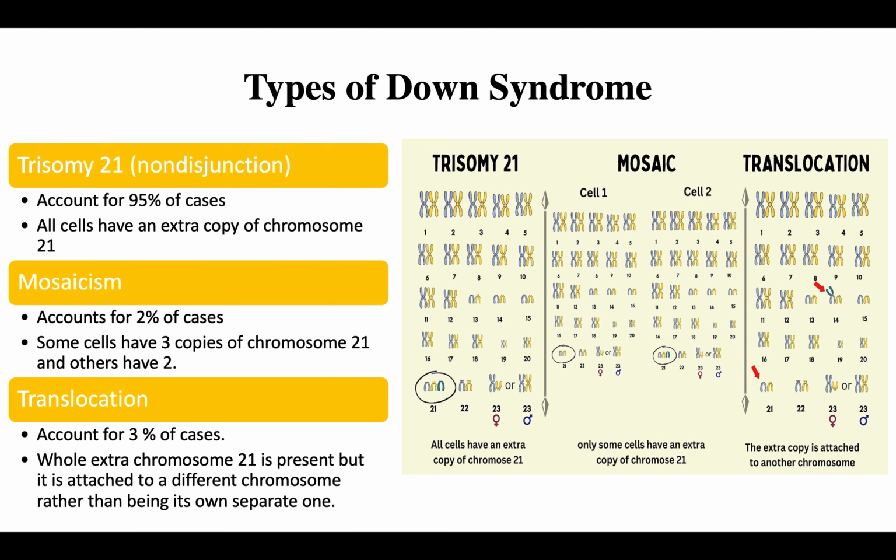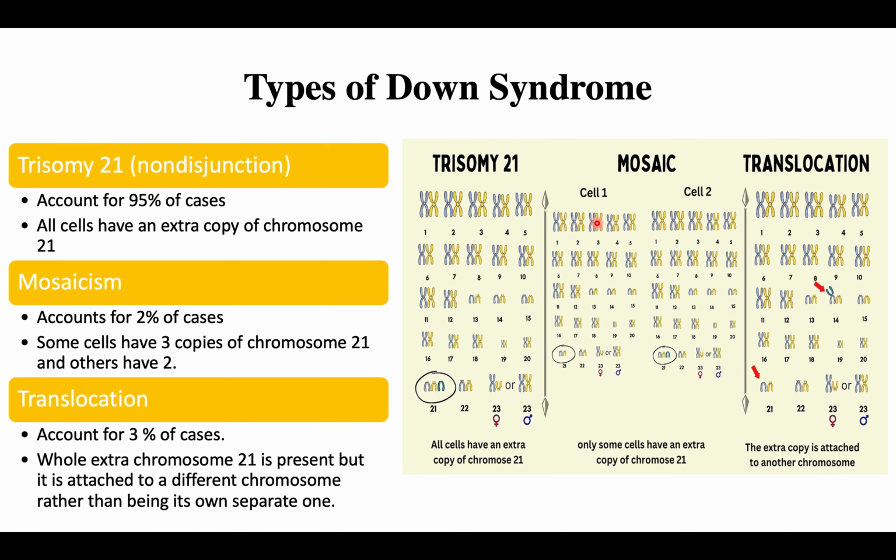This is where a whole extra chromosome 21 is present, however, it is attached to a different chromosome rather than being its own separate one. As you can see in the picture, here you have trisomy 21, and you can see there's an extra chromosome here.